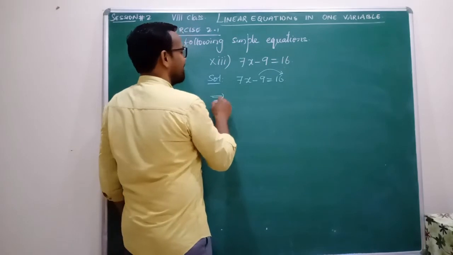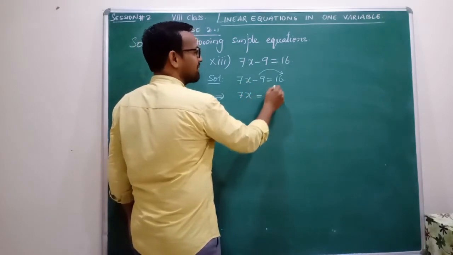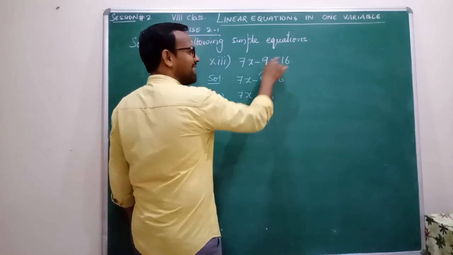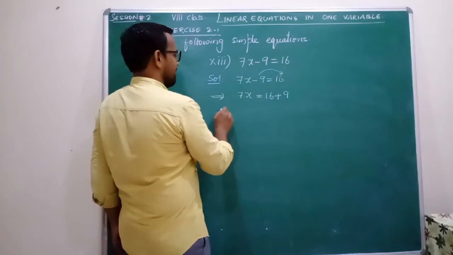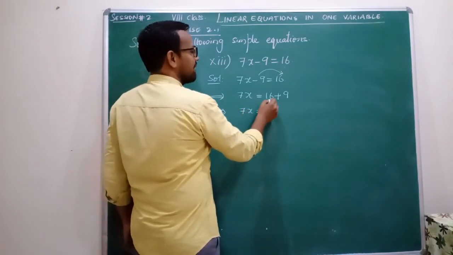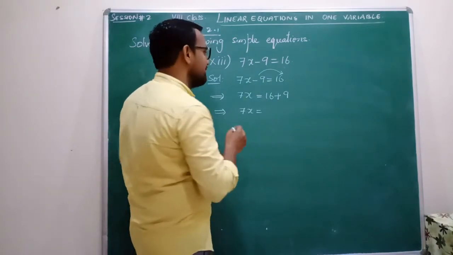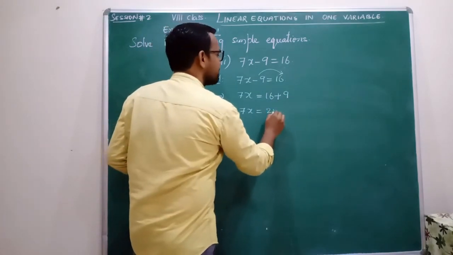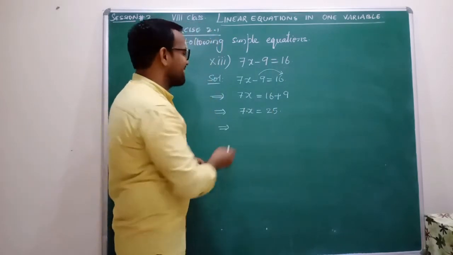When minus 9 is transposed to the other side, it becomes plus 9. Great. That implies 7x is equal to 16, minus 9 is going there, it becomes plus 9. That implies 7x is equal to 16 plus 9. What is 16 plus 9? Yes, it is 25. Great. What do we need to transpose now? 7.